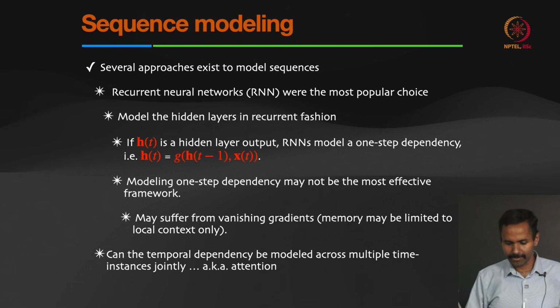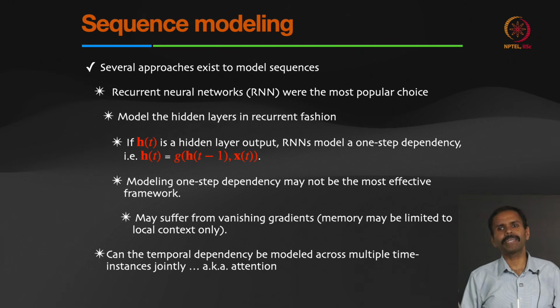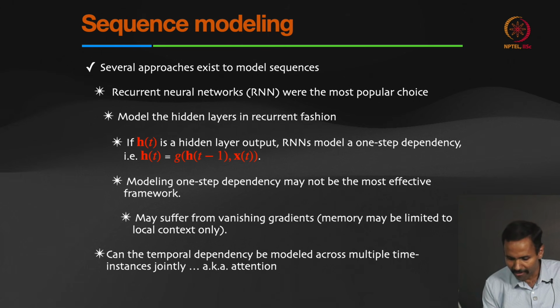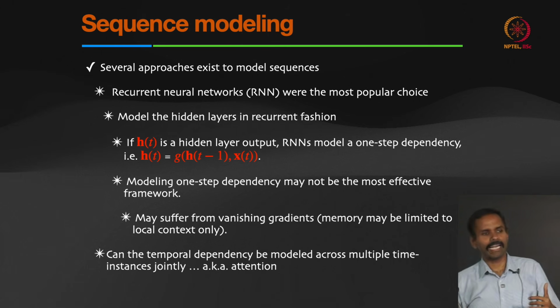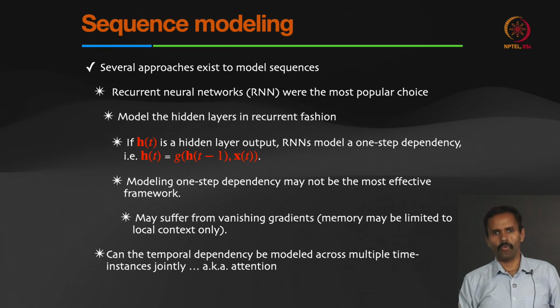A recurrent neural network. We will not go into detail on an RNN, except to say that the fundamental principle in which an RNN operates is to model a one-step dependency. Meaning at every instance in time, you try to look at one instance before. So it becomes like a recursive use of the previous time instance.